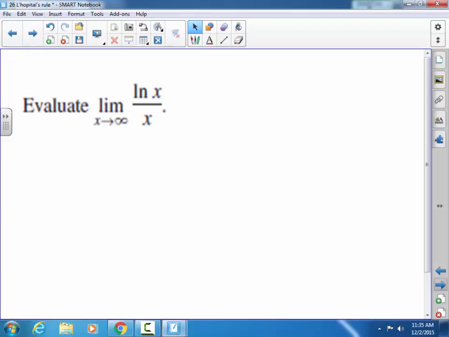So use l'Hopital's, which is something that you can figure out. You're smart people by now in life. And while you're doing that, I'm going to graph this thing.